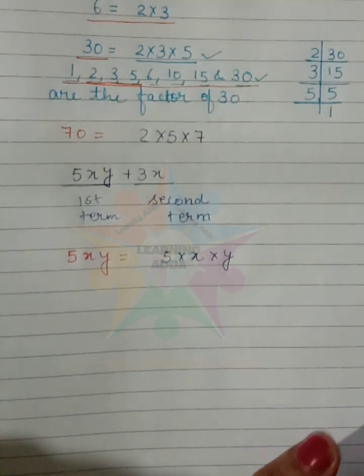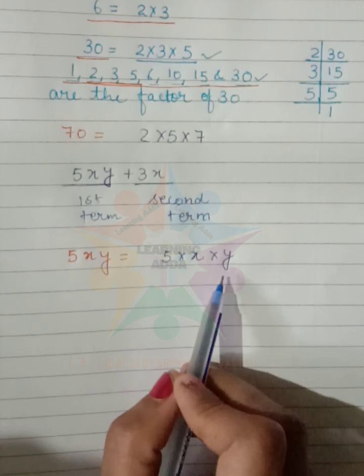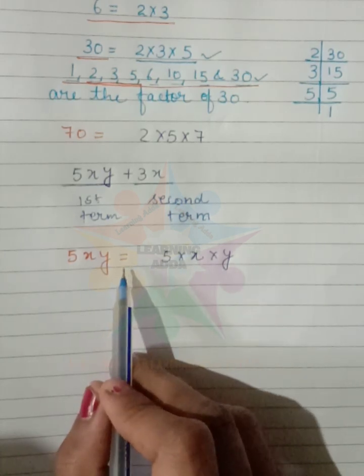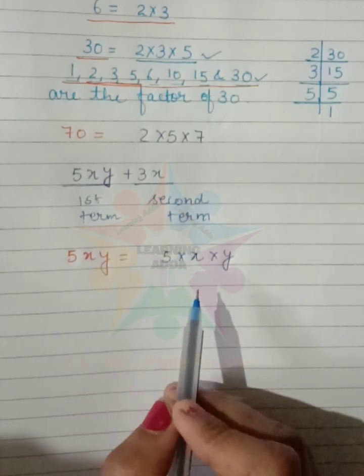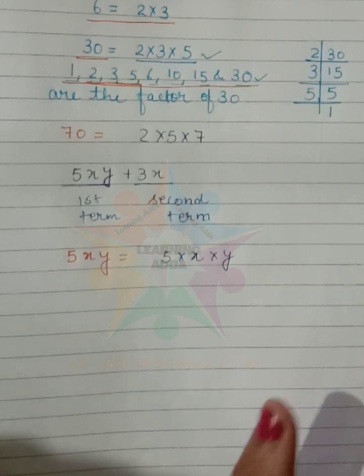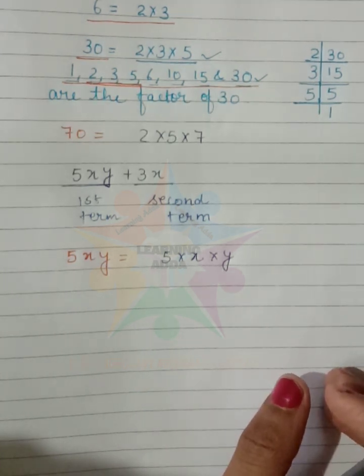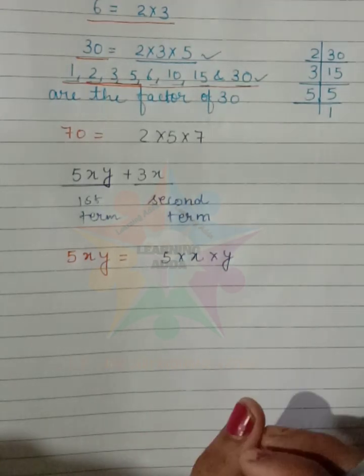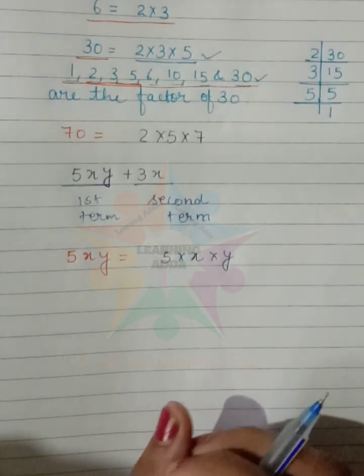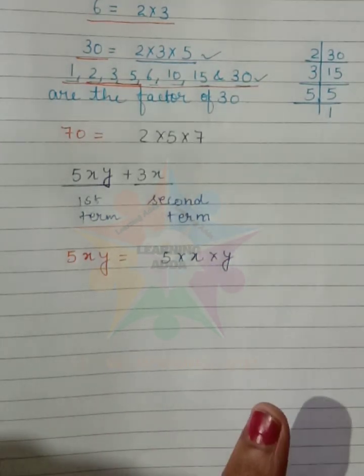Observe that the factors of 5xy cannot further be expressed as the product of factors. We may say that 5, x and y are prime factors of 5xy.